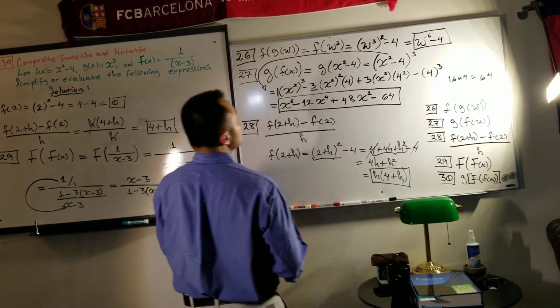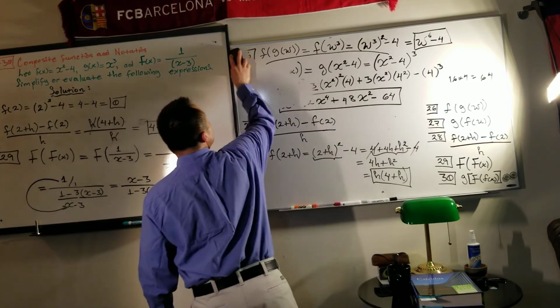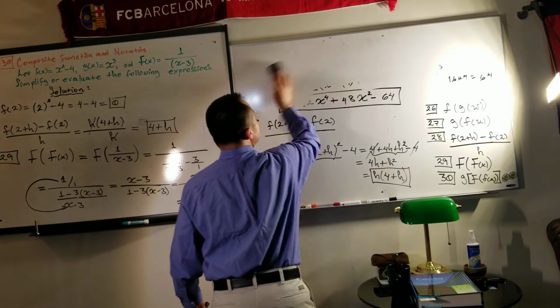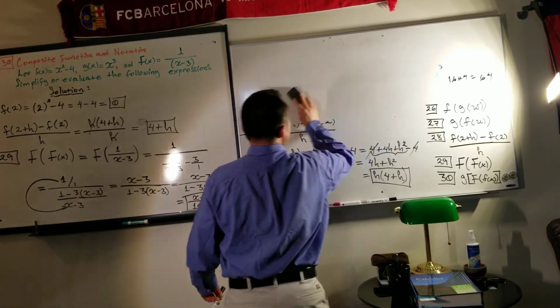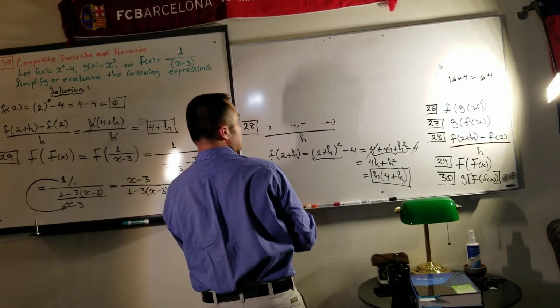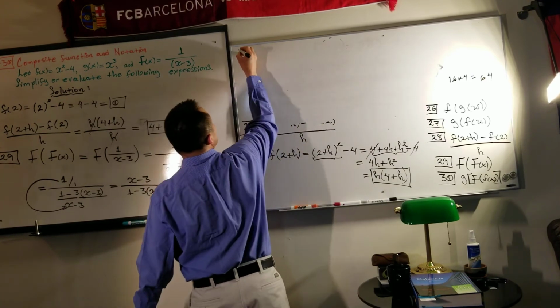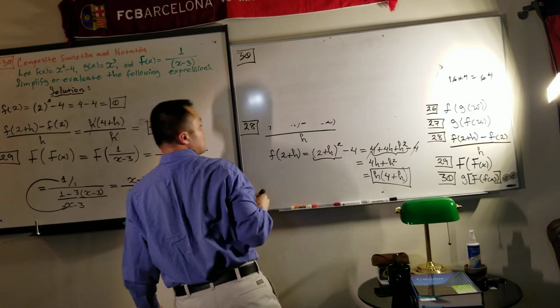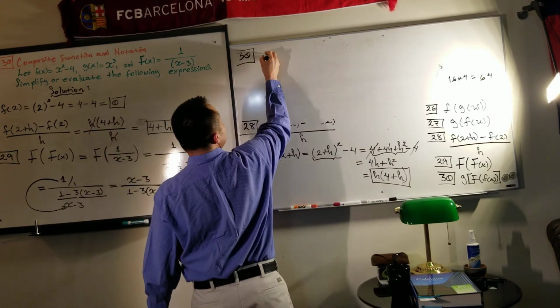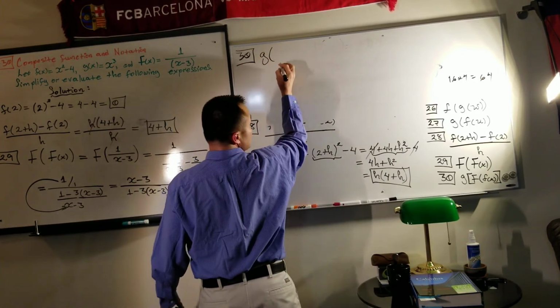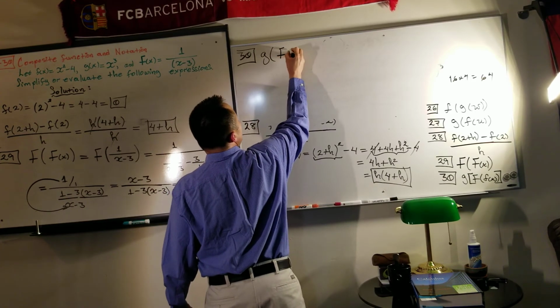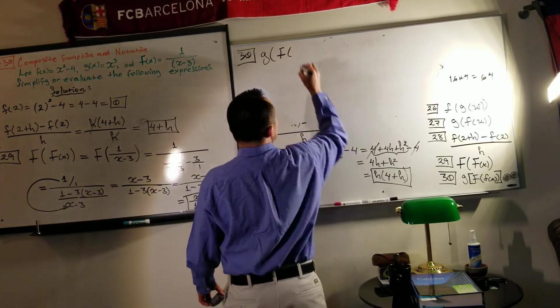All right, let's solve problem number 30 here. So problem number 30 is g of capital F of f of x.